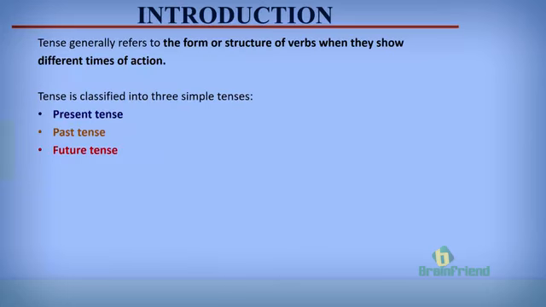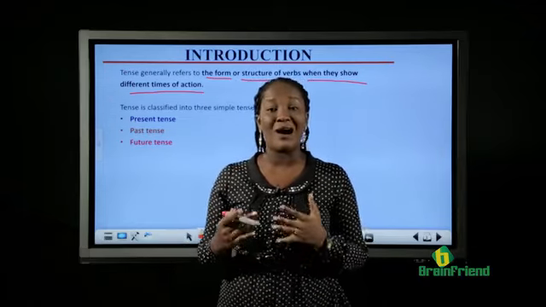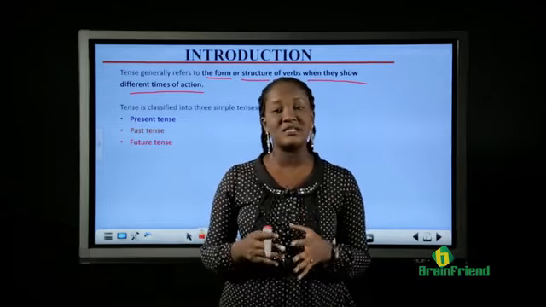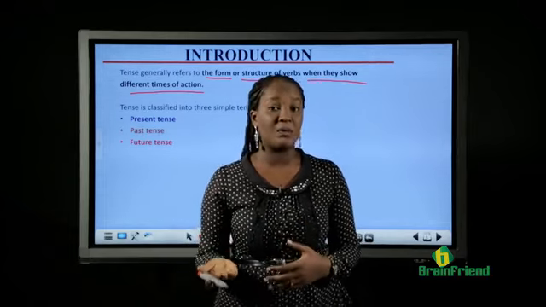In our previous lessons, we had talked about tense, and we said tense refers to the form or structure of verbs when they show different times of action. We did say that verbs occur or happen at different points in time. Some verbs can be ongoing while you speak about them.